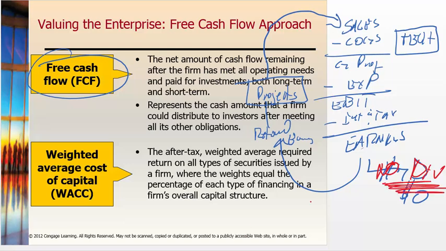Since none of this money is going into dividends, how do we then value the stock? Well, we can look at something like the earnings, or something like retained earnings. That's what this means: the net amount of cash flow remaining after the firm has met all operating needs. That would be these earnings after we have paid COGS, expenses, salaries, and everything else, interest and taxes. Whatever's left over, even if it doesn't go out in dividends, we can use as an estimation to do the same thing.